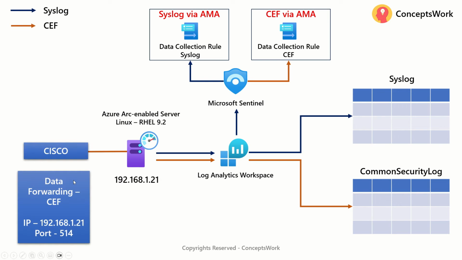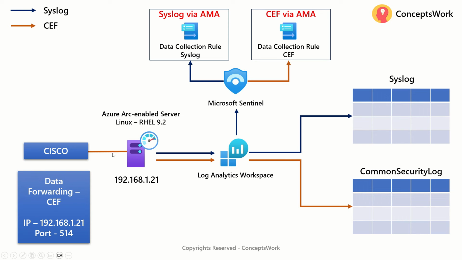And lastly, from a solutioning perspective, all you have to do is make this change in your vendor configuration itself. Let's say you want to capture Cisco firewall logs, then go to the data forwarding setting. And if you're getting CEF format, it's perfect. Let's say at times you also see syslog mentioned over there. So all you have to do is give the IP of this particular machine where the routing should happen, and the port should be 514 to begin with.